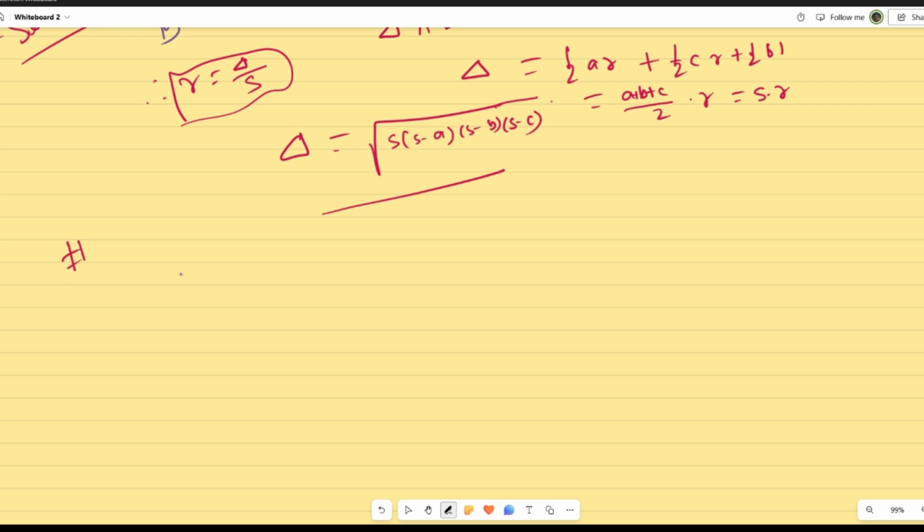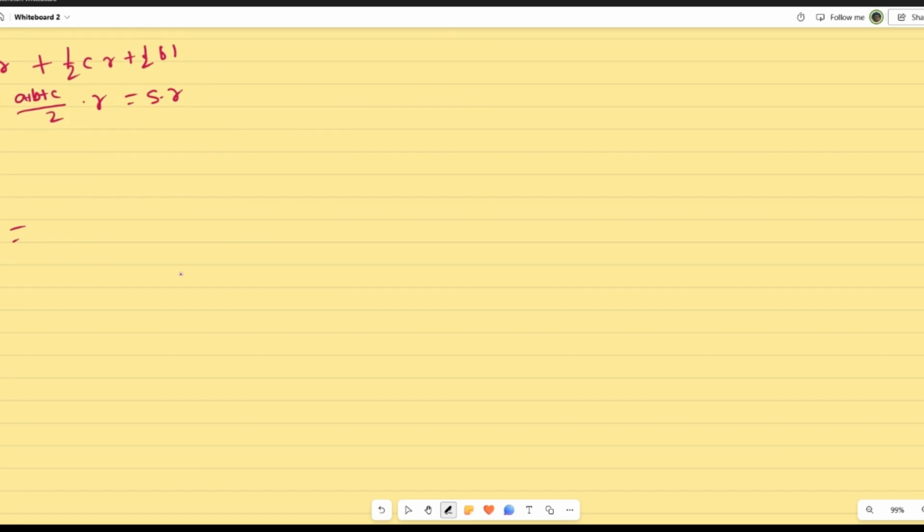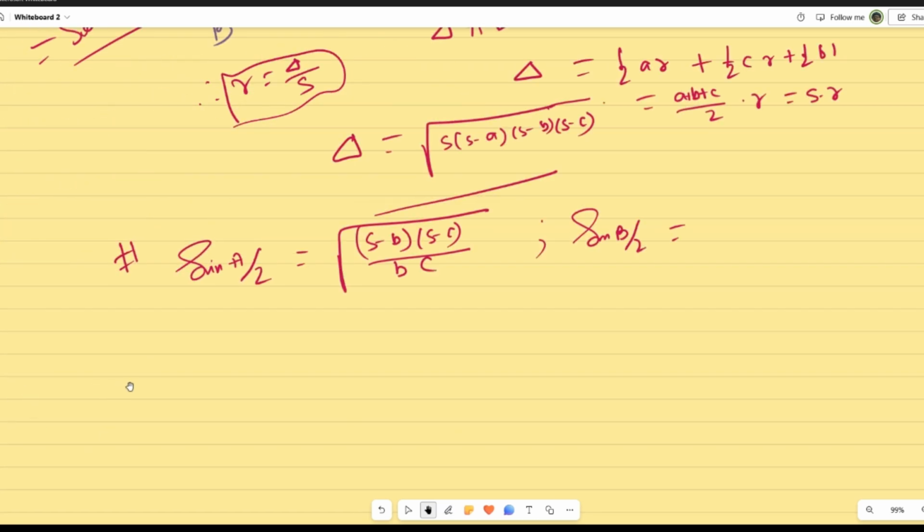Like A, if you divide in two parts, sin A by 2, you can express in this form. But I'll tell you one thing. Many formulas for properties of triangle you will not prepare. Just know it if possible. With all these sums, whatever you can do by this formula can be done with the help of the formulas we have done already.